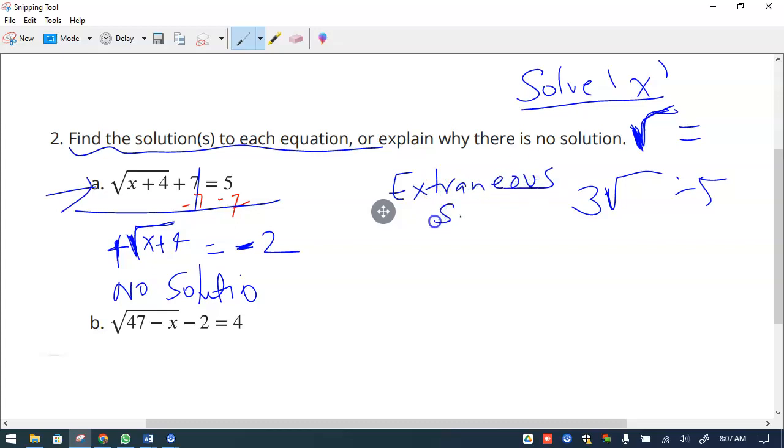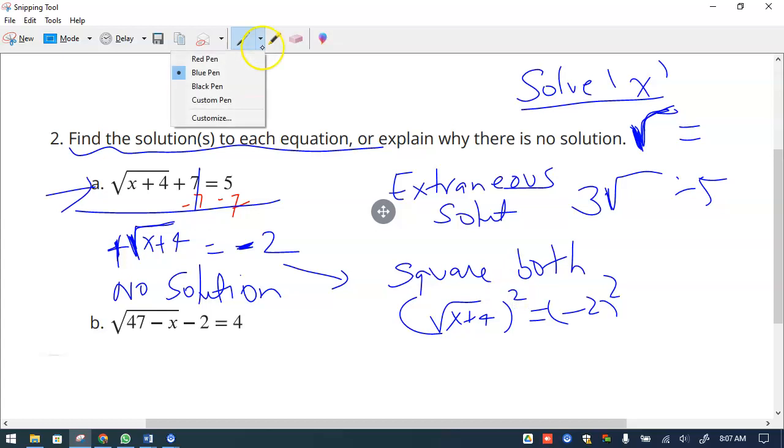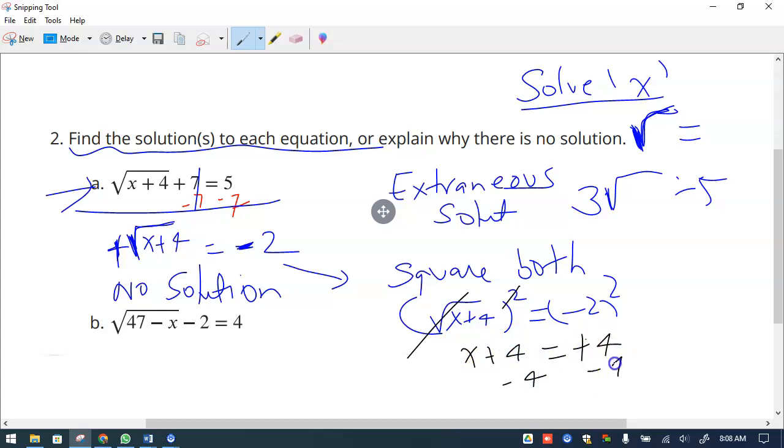Even though it doesn't make sense in real form, we can still square both sides. This is called squaring both sides. So you get the square root of x plus 4 and you square. The square root and square are inverses of each other, so you're left with x plus 4, and minus 2 times minus 2 is plus 4. Subtract 4 and x equals 0.